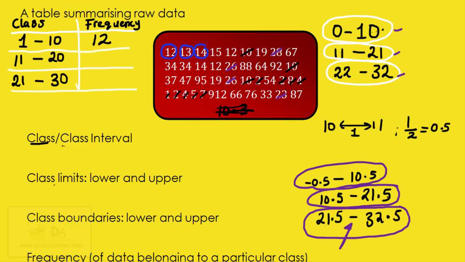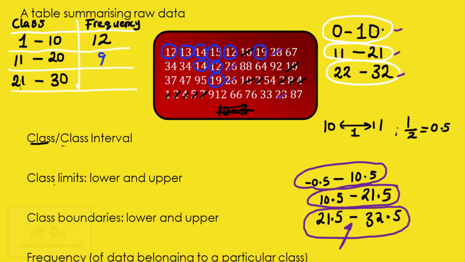By the way, 12, 13, and 14 belong to this class. 12, 13, and 14 are between 11 and 20. So that's 3, 4, 5, 6, 7, 8, 9. So there are 9 numbers in this class. So the frequency of this class is 9.